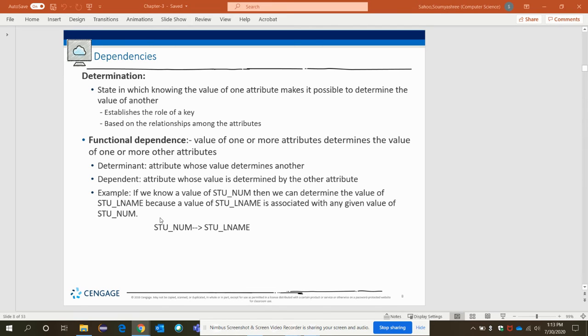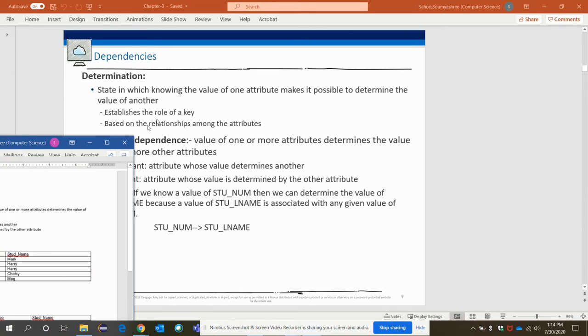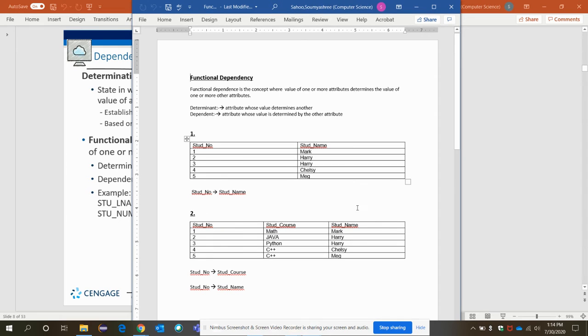Here the stu num is called the determinant, the attribute whose value determines another, that is the student L name. And student L name is termed the dependent, the attribute whose value is determined by another attribute, and in this case it's stu num. Let's see some examples.